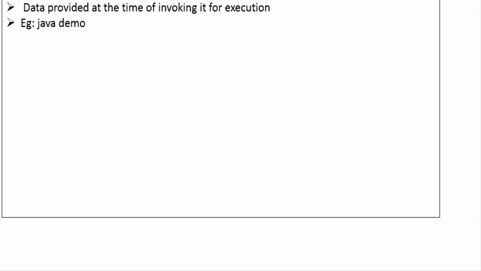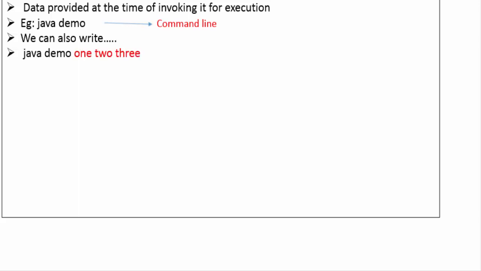We use this command while executing the program. Hence, it is called a command line. We can also write java demo 1 2 3. Here 1, 2, 3 are the command line arguments. These are the arguments that we are supplying to the program at the time of its execution.